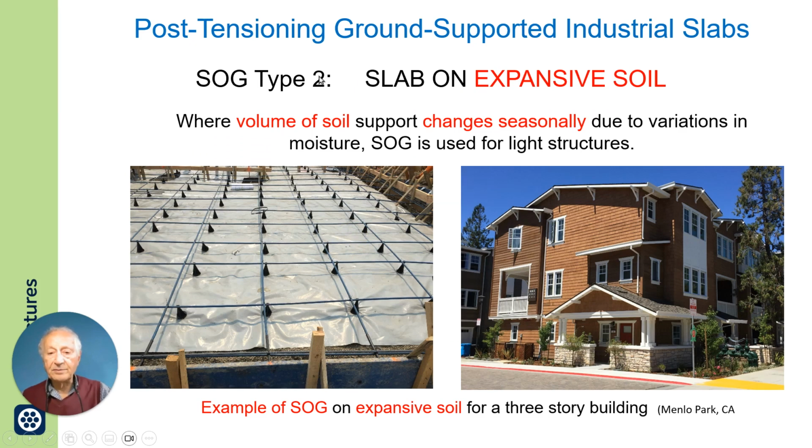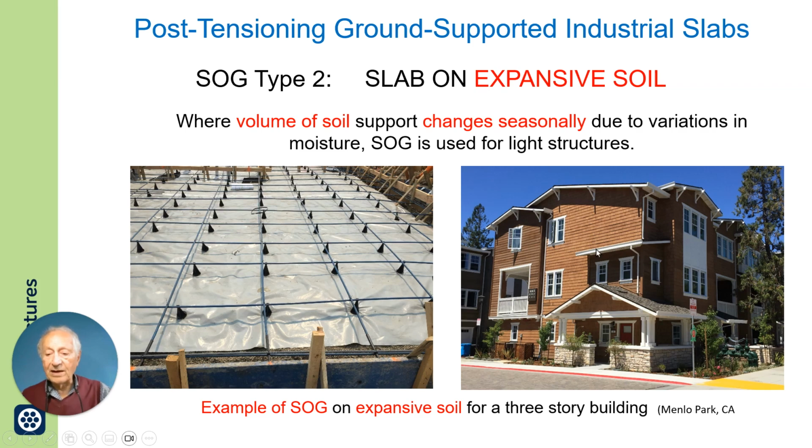The other type is slab on expansive soil, where volume of soil changes seasonally due to variations in moisture, such as summer and winter, and the soil content has enough substance, clay type, that will expand and shrink depending on its moisture content.